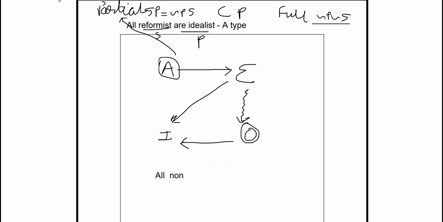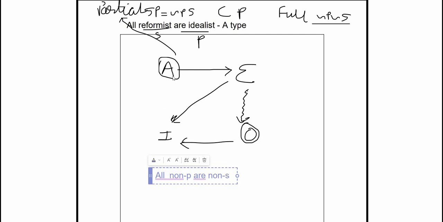So when we are doing a full contrapositive, all non-P are non-S, and it remains in A only.